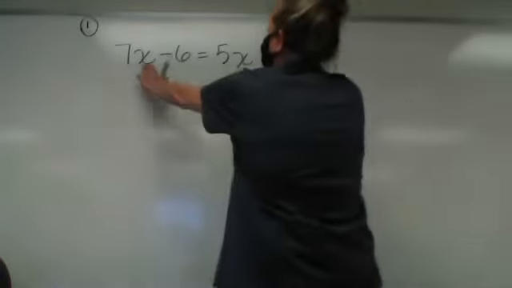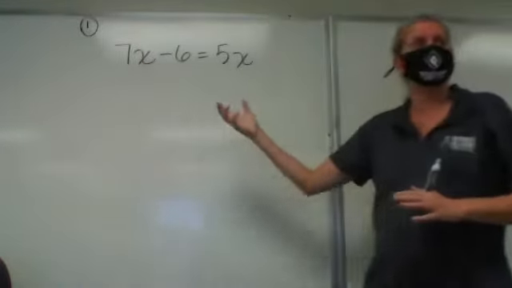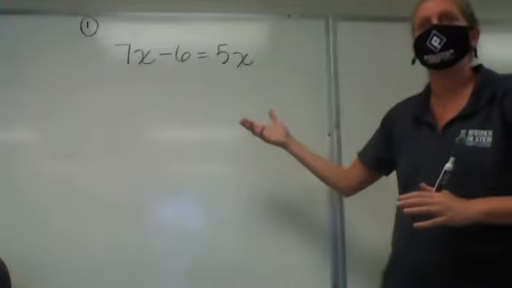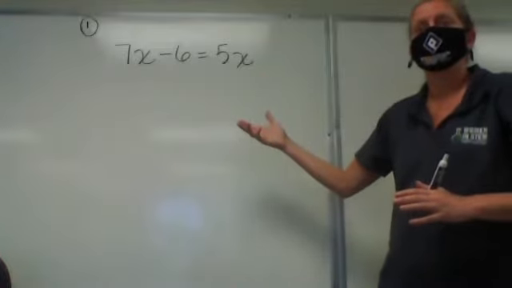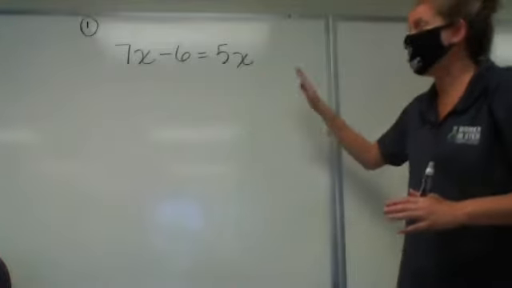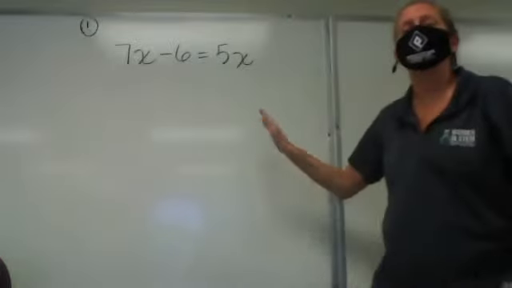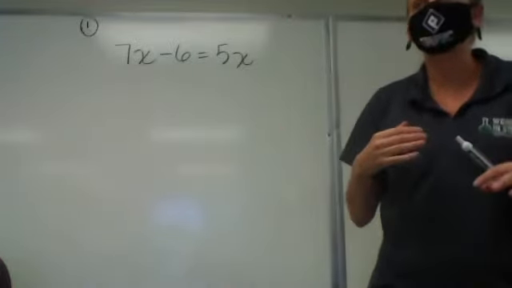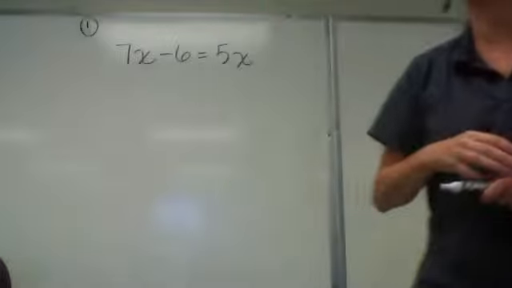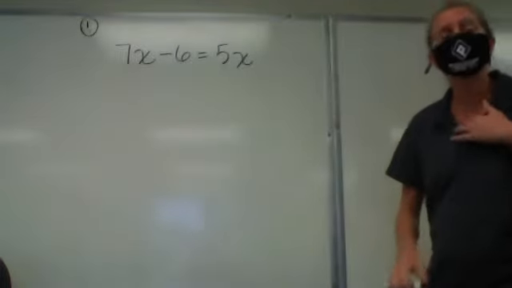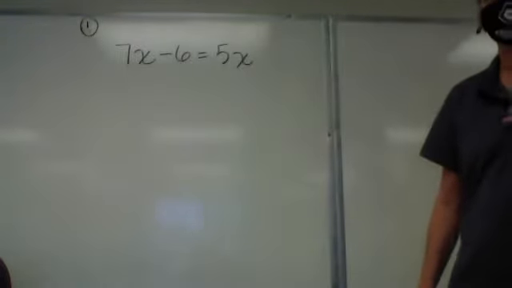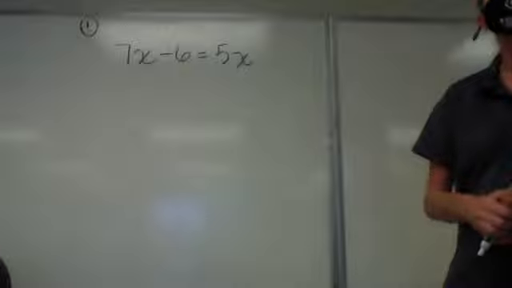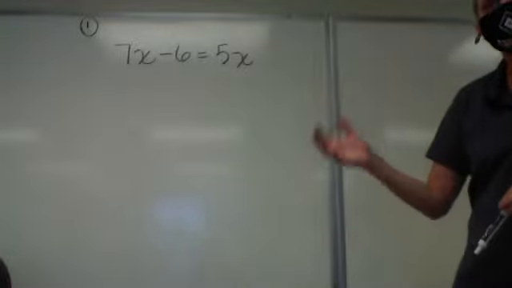Do you see how I have x? Your whole goal is to isolate the variable, to get the x by itself. Well, if I have x's on both sides, I can't do that yet. So now I've got to cancel one of those. I'm going to cancel the smaller one because that will keep my x's positive.